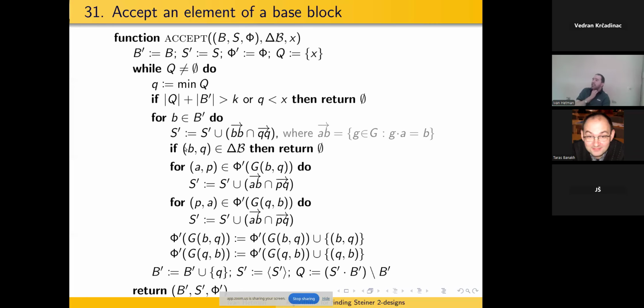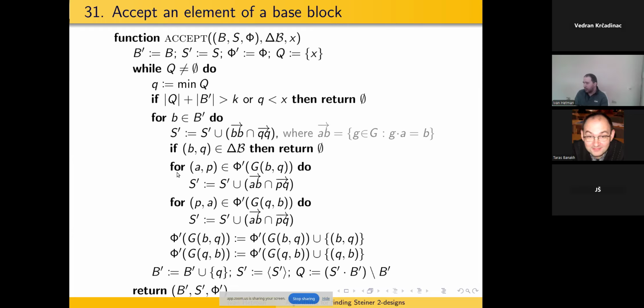Then second, check if it can happen that the pair BQ is in the current difference. And using the previous lemma, in this case this base block cannot together with previous base blocks form a difference family, then we also return the empty set.